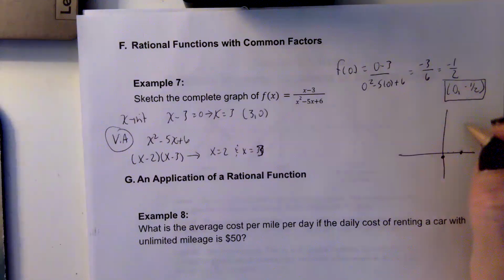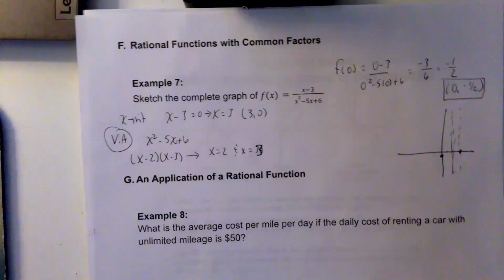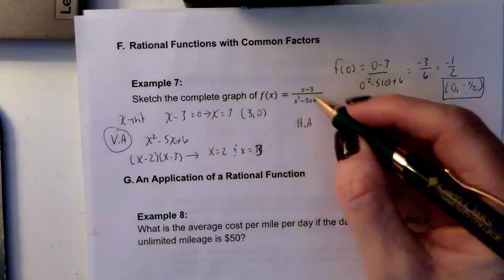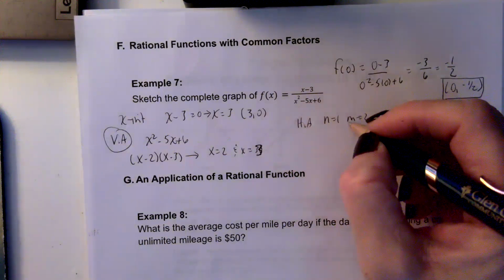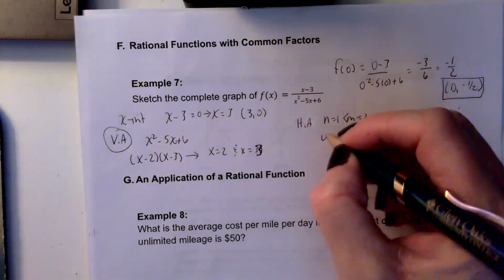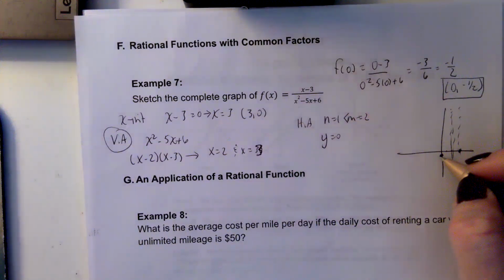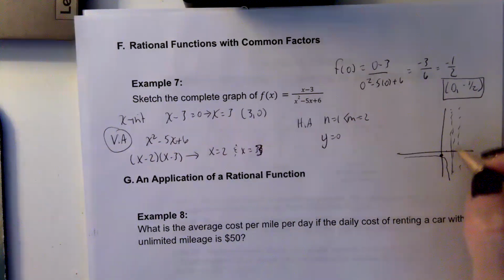Then my horizontal asymptote: because n is equal to 1 and m is equal to 2, and it's less than, I have a horizontal asymptote at y equal to 0. So it looks like I have something going on here, then something in between, and then something here.